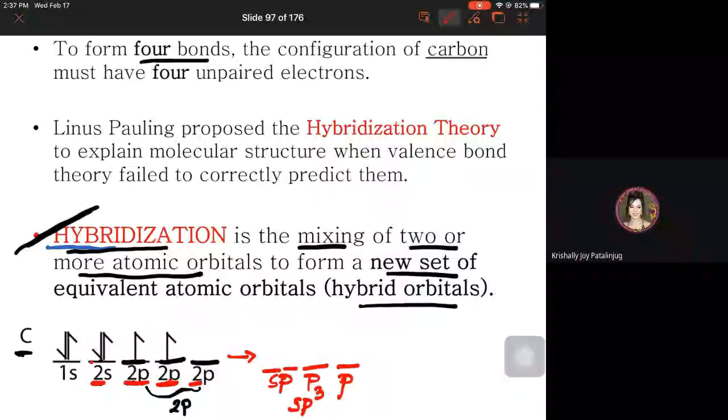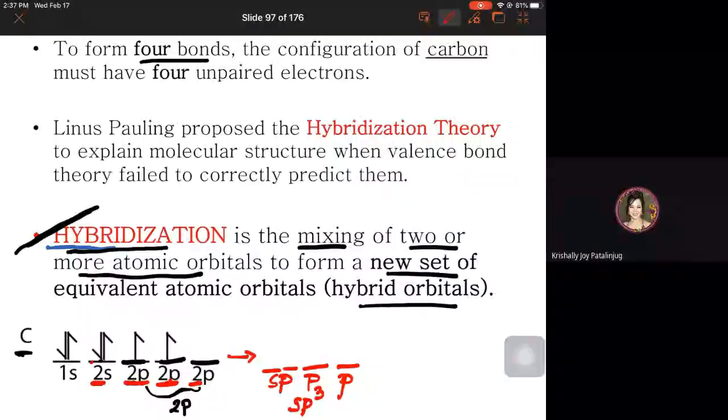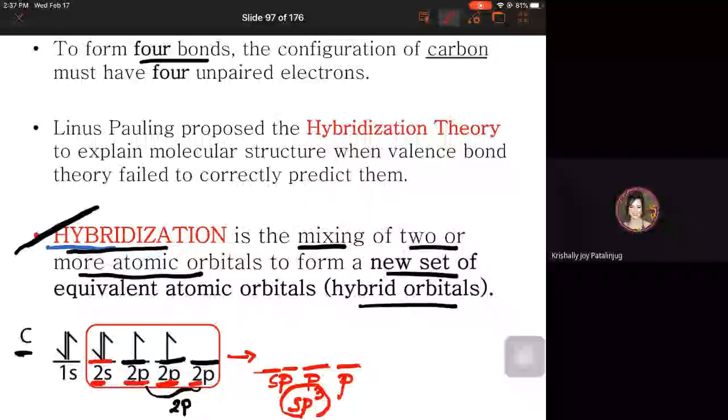Kung ilan yung na-mix mo na orbitals, yan yung equivalent number of hybrid atomic orbitals. Alright, so pag sinabing sp3, 4 yung available orbital dyan. So yung mangyayari, mix mo yung 4 na orbital from the original.